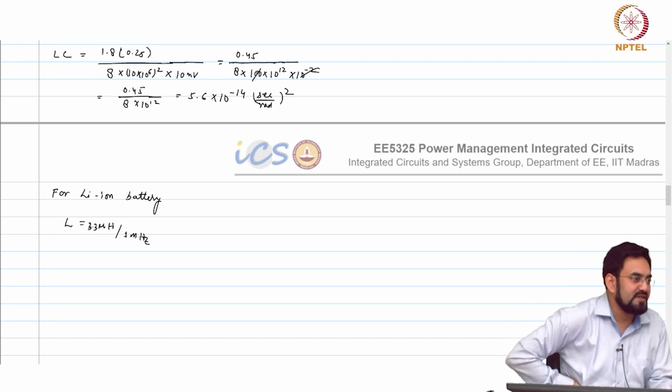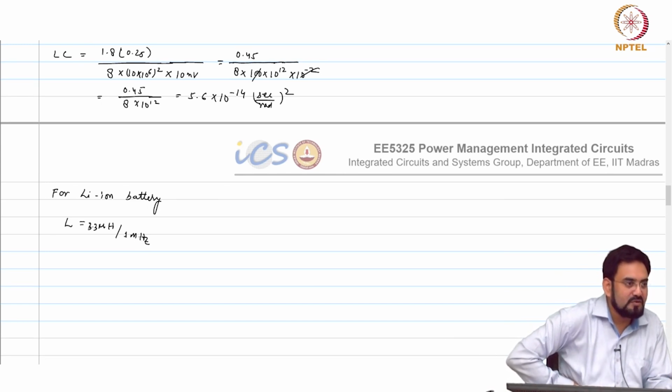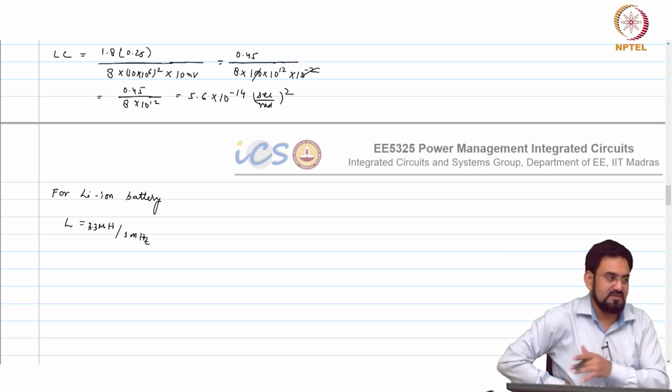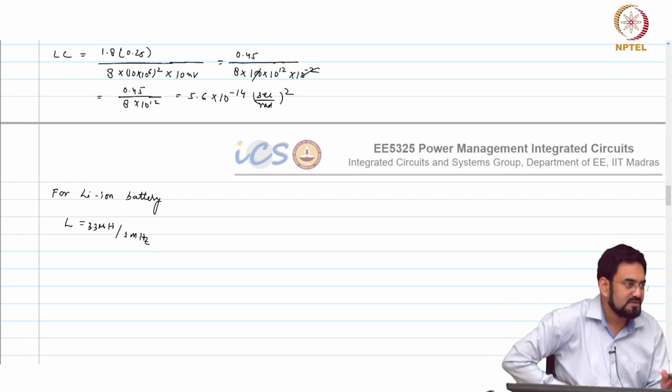Which means if you go to 3 megahertz, it will become roughly 1 microhenry. When you go to 6 megahertz, it will become 0.47, 0.5 microhenry, and that is how it scales. You pick any product, you will see similar numbers.